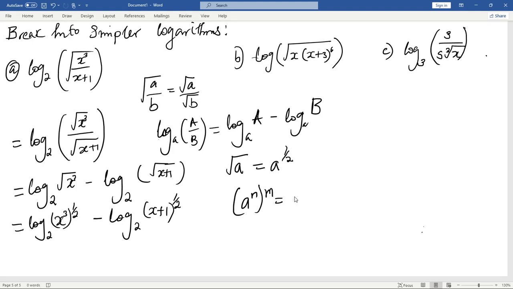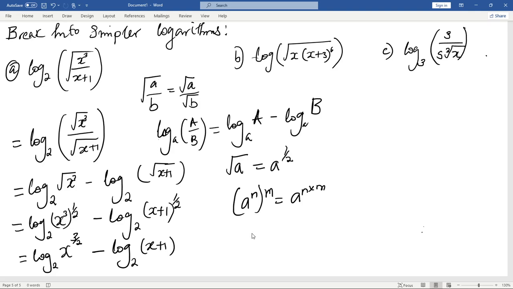This simply means that we're going to have a to the power n times m. We use this property here. So we're going to have log to the base 2 of x to the power, if you multiply 3 by half, we get 3 over 2, minus log to the base 2 of x plus 1 to the power half.